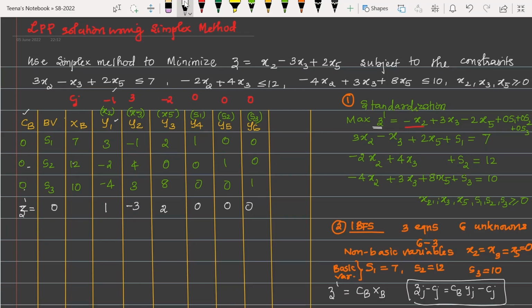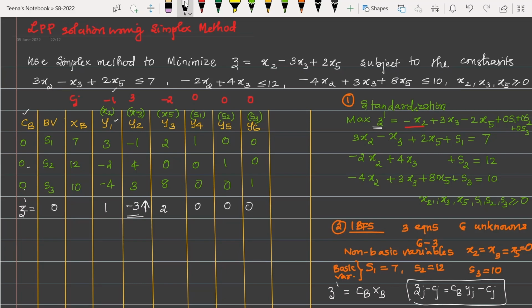So we have all the net evaluations, and a negative net evaluation indicates that the solution can be improved further. The existence of a negative net evaluation indicates that the existing solution is not optimal. It can be improved further. Now the variable corresponding to the most negative net evaluation enters the basis.